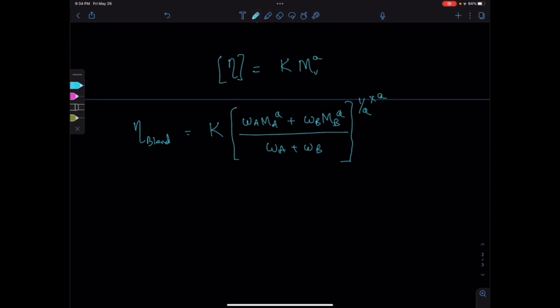Now we can also plug in eta A equals K Ma to the power a and eta B equals K Mb to the power a.